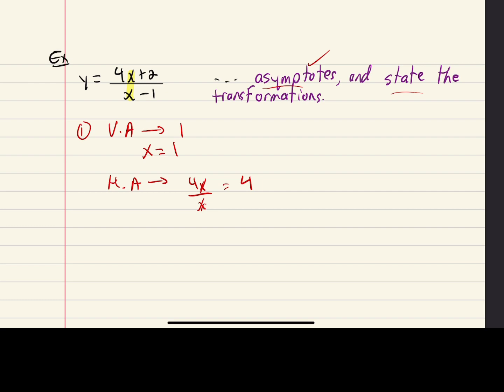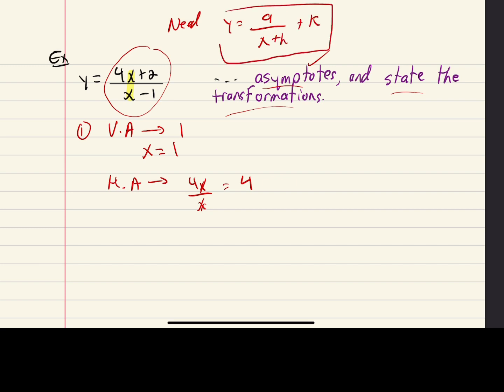Now, to state the transformation, the problem is this equation isn't in the correct form. We need it to be in the form of y is equal to a over x plus h, plus k. Okay, we need it in that format.